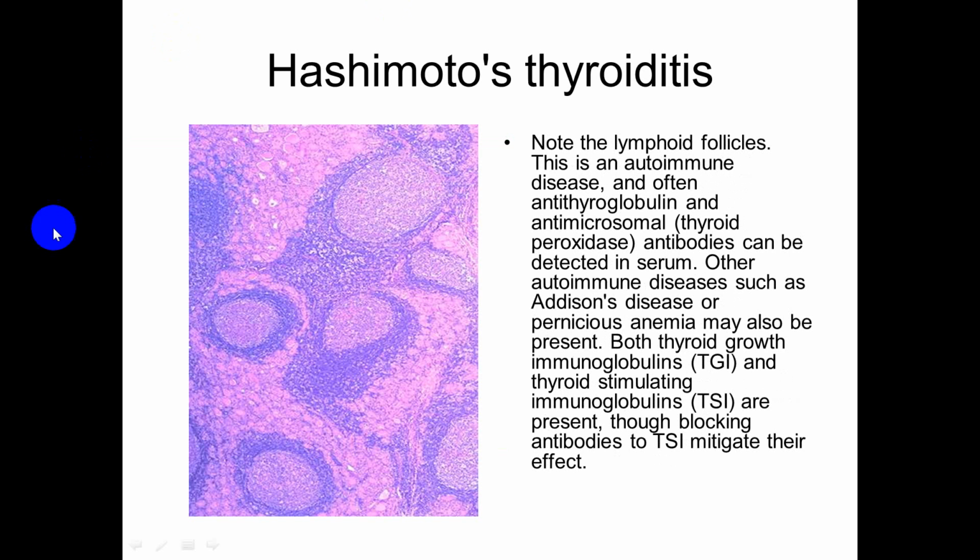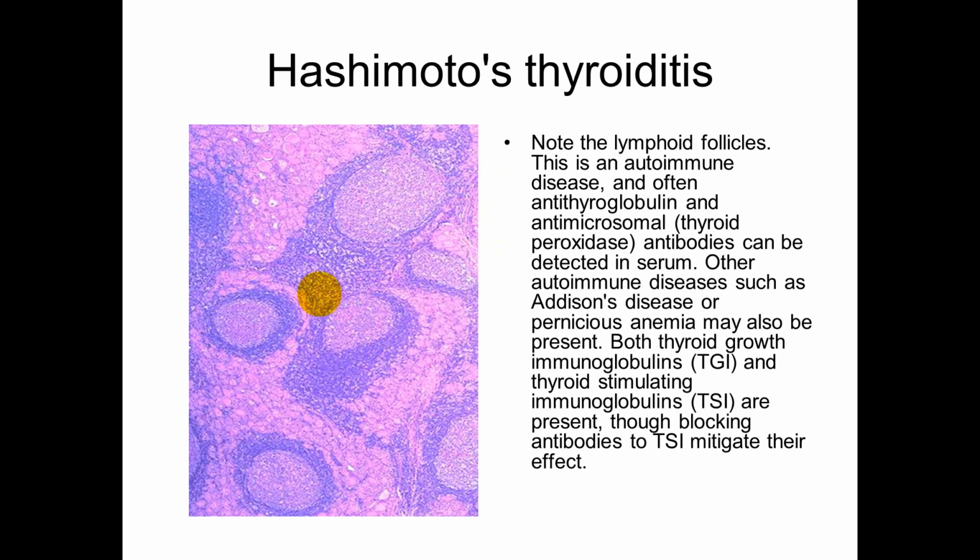These are the histological signs of Hashimoto's thyroiditis. Note the lymphoid follicles. This is an autoimmune disease, and often anti-thyroglobulin and antimicrosomal thyroid peroxidase antibodies can be detected in serum.